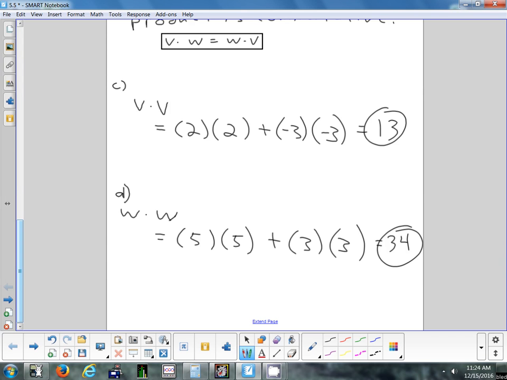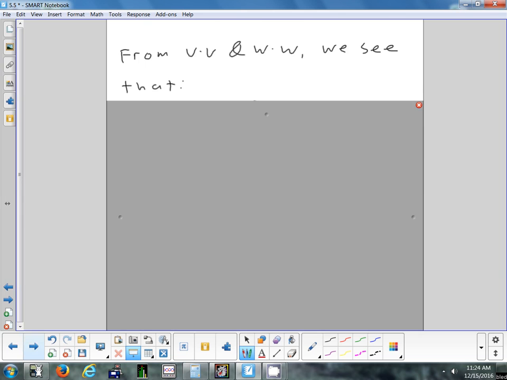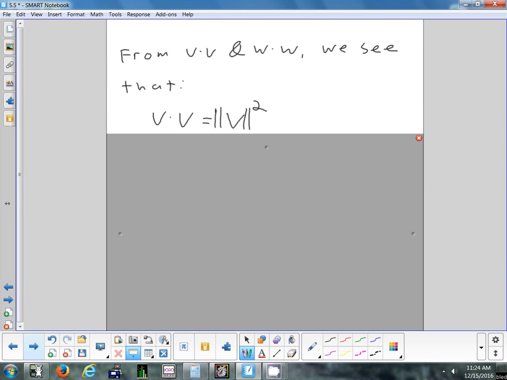The only thing it's missing is the square root, right? Because you square the first number, you square the second number, you add them up. But the only thing you don't do in a dot product is you don't take the square root. All right. So basically, what that means is if you dot a vector with itself, you don't get the magnitude of the vector. You get the magnitude of the vector squared.